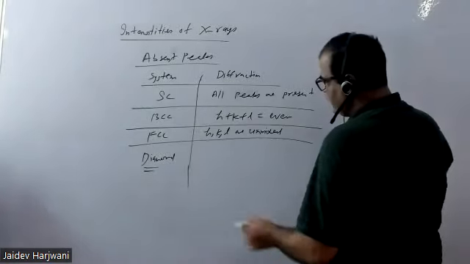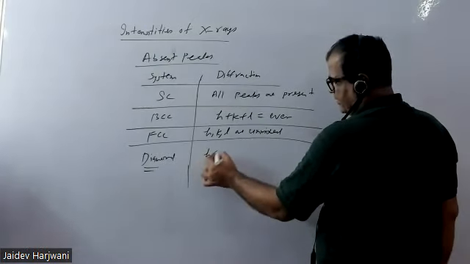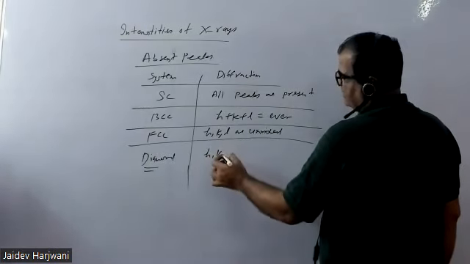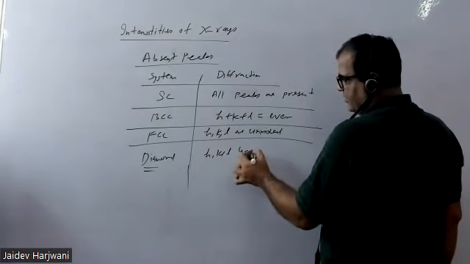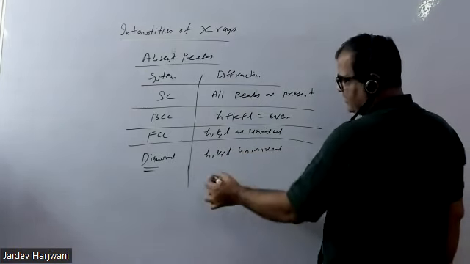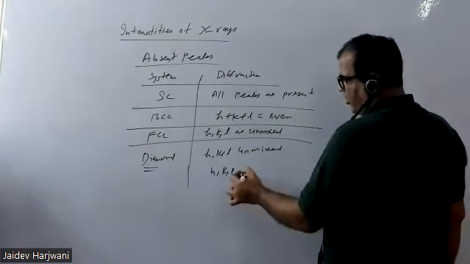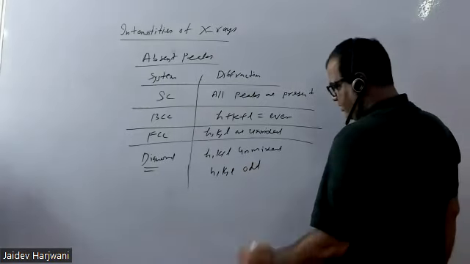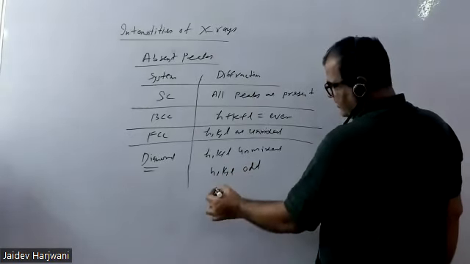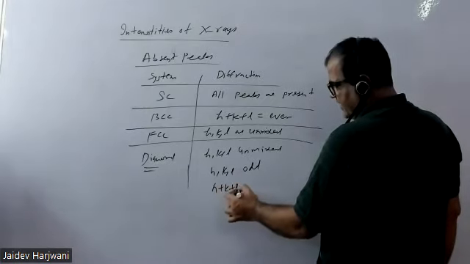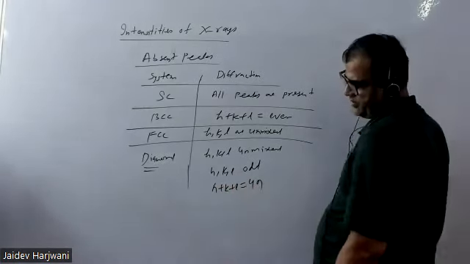So HKL should be unmixed, and if they are all even, then H plus K plus L should be divisible by 4.